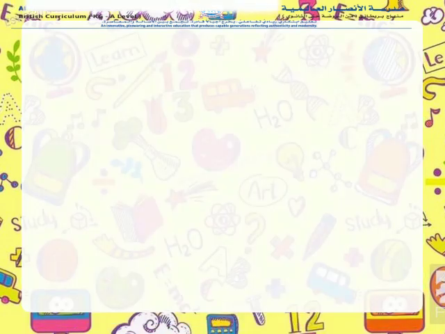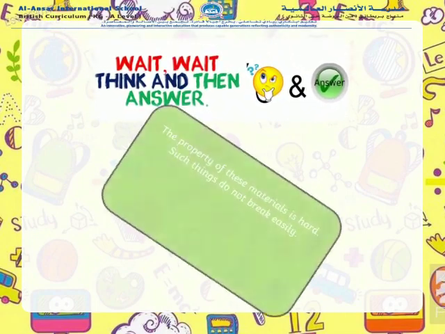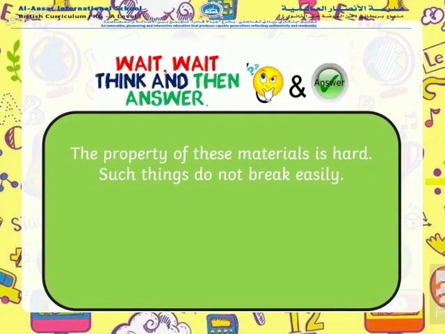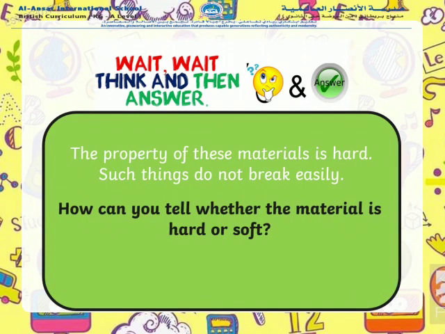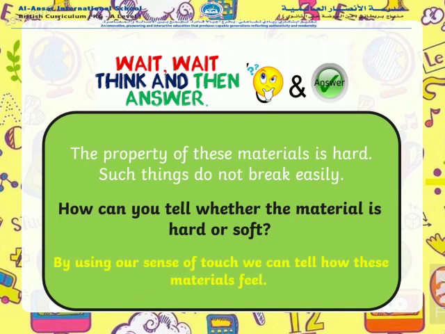How do we know? Think about it for a moment. We can check it by testing. You can use your senses to feel that it feels hard. And how can you tell this material is soft or hard? Close your eyes. Touch anything that's made of a material like wood or plastic or glass.